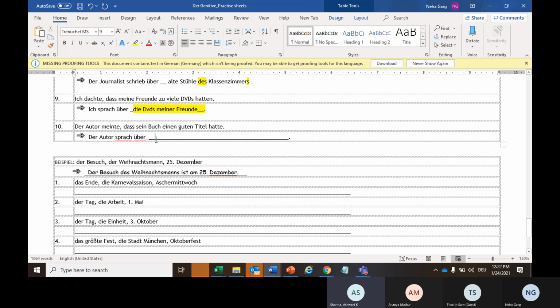So we'll be conjugating sein Buch. Book is neuter, so we are using his book, right? The title of his book.